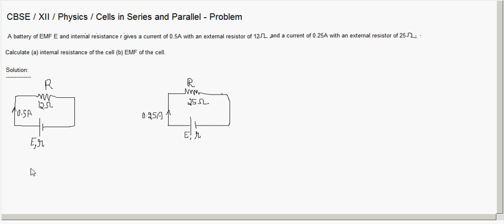We know the total current in the circuit is total EMF divided by total resistance.